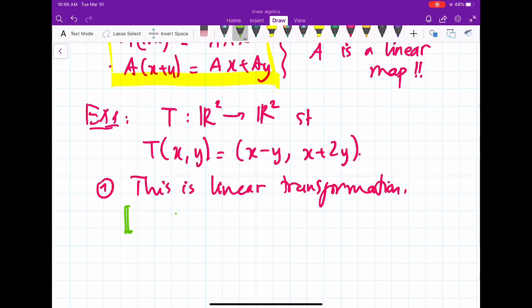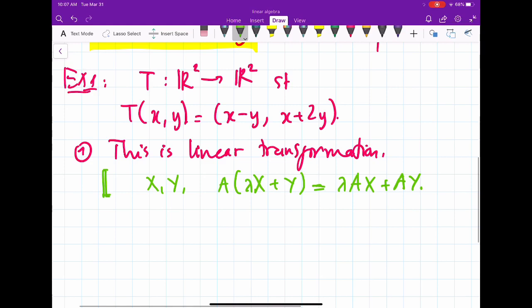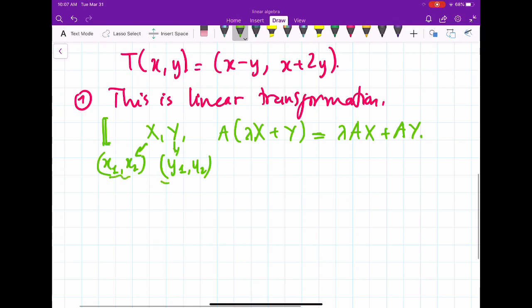Suppose we have two vectors x and y. You need to show that T(lambda x plus y) is equal to lambda Tx plus Ty, right? And you can suppose that x is (x1, x2), and y is (y1, y2). There are two vectors. So you plug them into this formula to check.